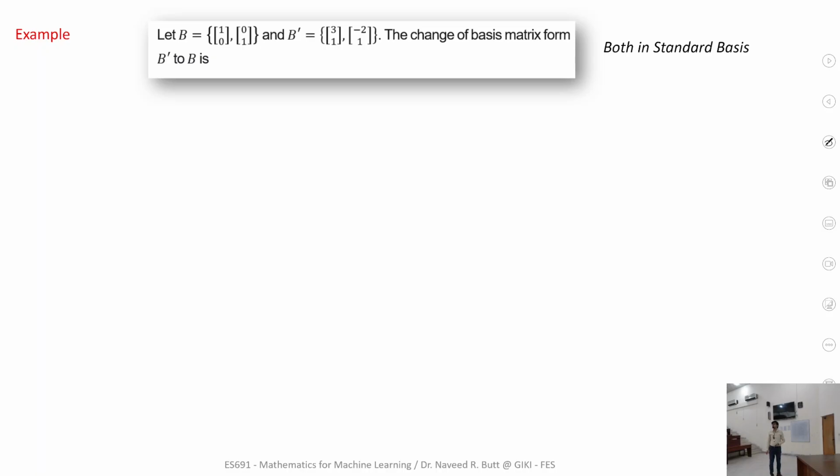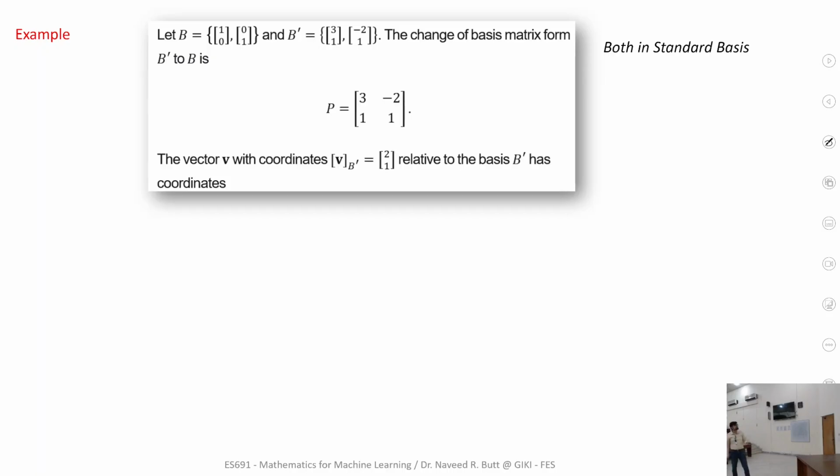बड़ा इसका सादा जवाब है, कुछ करने की जरूरत नहीं है. Because you already have the basis of the source, which is B prime, written in terms of the basis of the destination. क्योंकि destination मैंने आपको आसान वाली दी है, स्टैंडर्ड दी है, तो it's already written in that form. So the transition matrix is simply [3 1; -2 1].